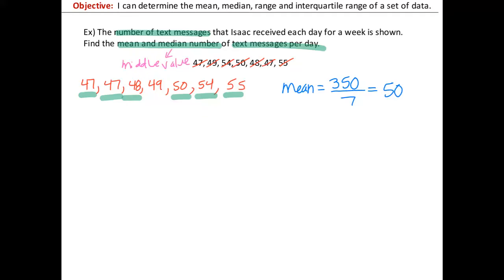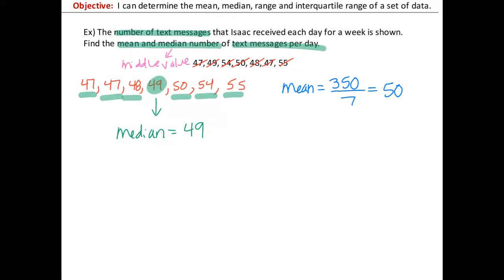And then a 48 and a 50 kind of cross out, and then we're left with 49 right in the middle. So I have 3 on each side of the 49. So that tells me that 49 is actually my median. Median is 49 because it's the middle number on the list, okay?